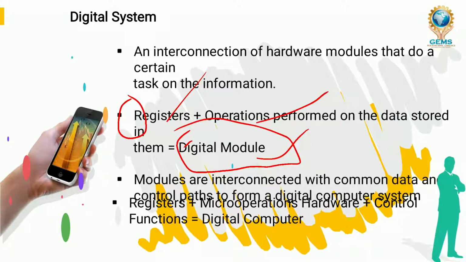Now, registers plus micro operations hardware plus control functions is equal to a digital computer. What is a digital computer? A digital computer is a combination of registers plus micro operations hardware plus control functions. This is the definition of a digital computer.